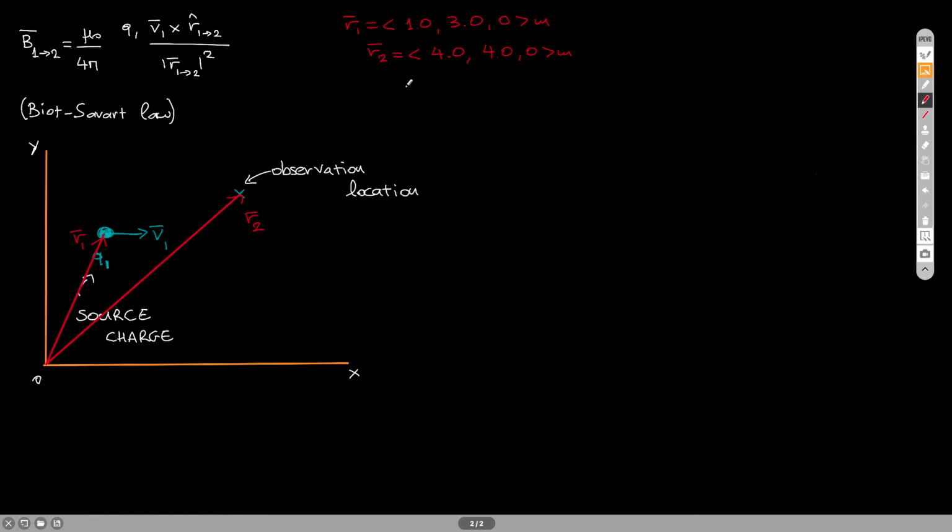Now, the next thing I need to do is find the vector that goes from 1 to 2. That is the vector r2 minus r1, in other words, r obs minus r source. So I'm going to write those two vectors here.